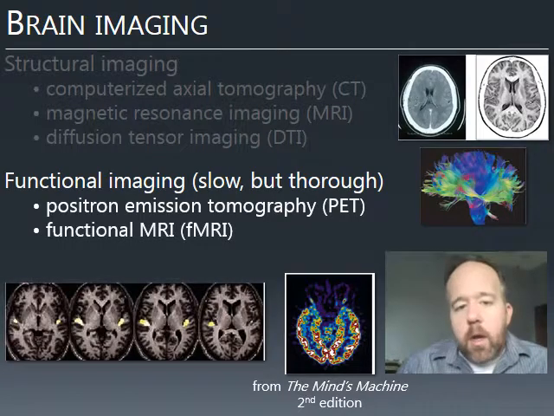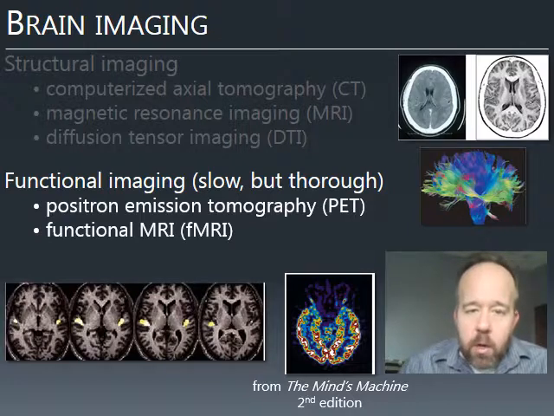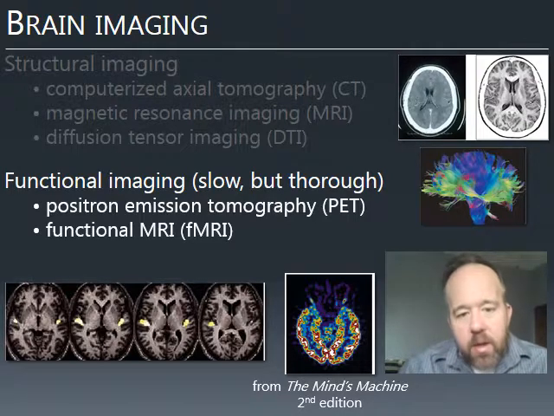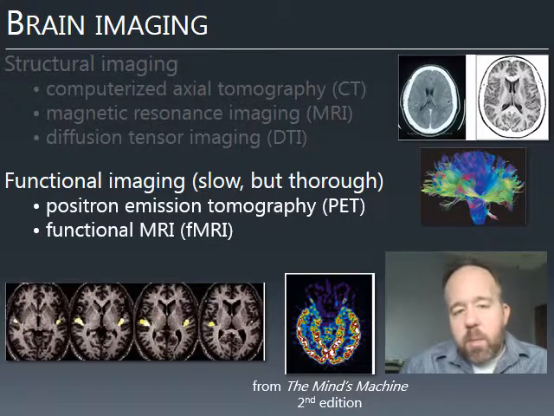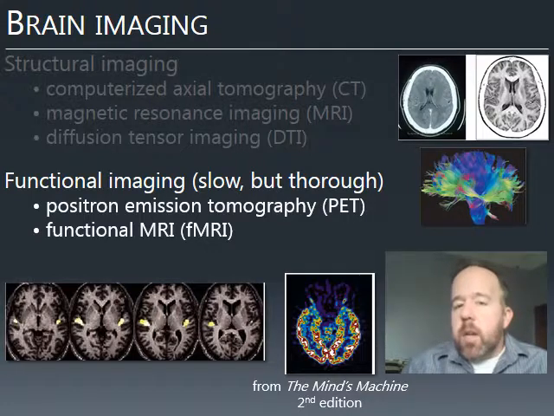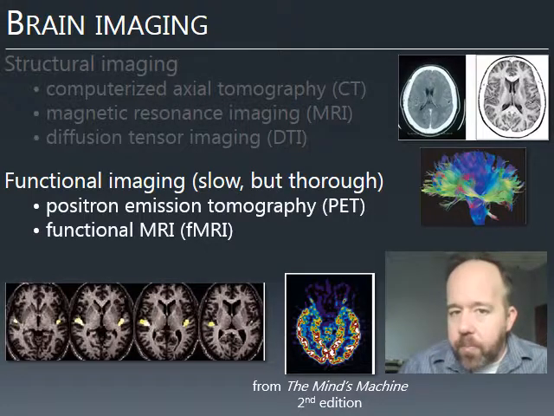Later on, a new version of magnetic resonance imaging was developed called functional magnetic resonance imaging, or fMRI. So that is a technique that looks at oxygenated hemoglobin. Hemoglobin is the molecule that carries oxygen in your blood. And what's interesting is that an MRI machine is essentially a giant magnet.